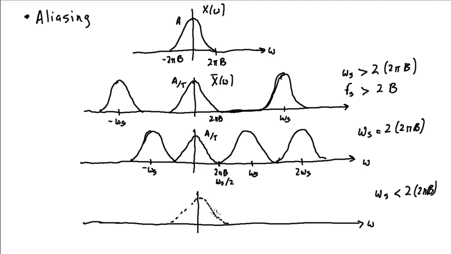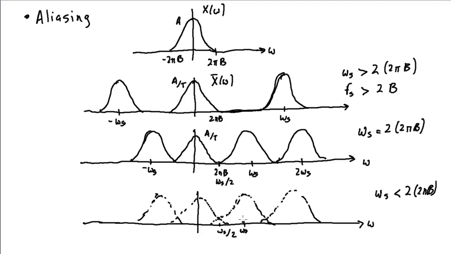Show the baseband spectrum, and then the one that's just adjacent to it. Okay, so this is omega s. And then again, the next one would look like this, and then the one down at minus omega s would look like this. This frequency is omega s over 2.